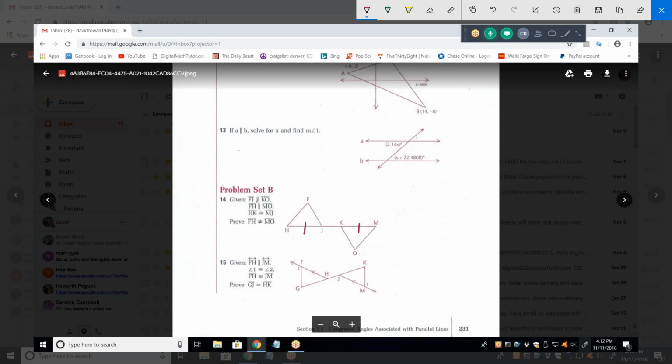Let's just talk about angles and sides for the moment. We know that angle M equals angle H. So we have side angle.